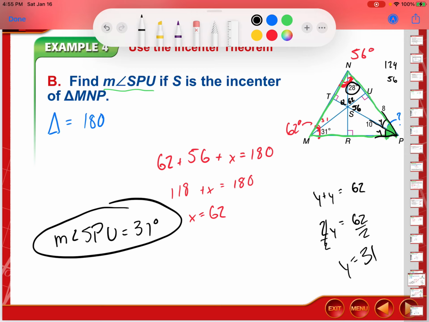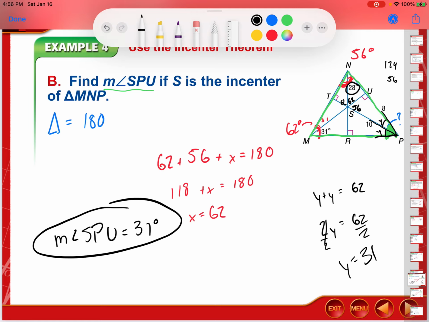I am baffled. I am baffled. The answer should not be that. The answer should be... it shouldn't be 31, it should be 56.